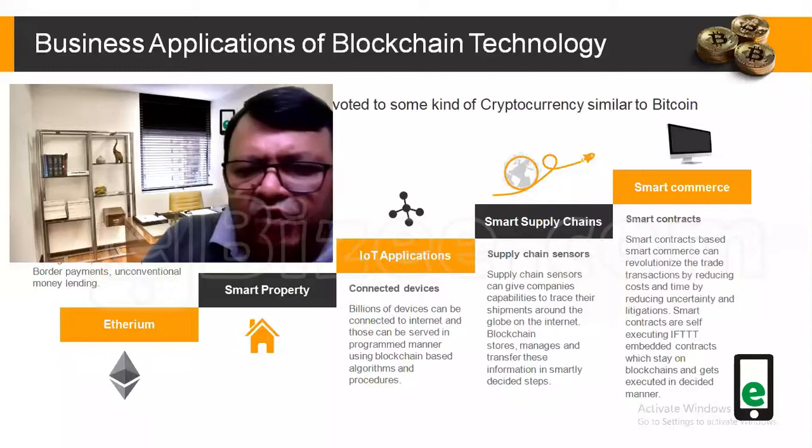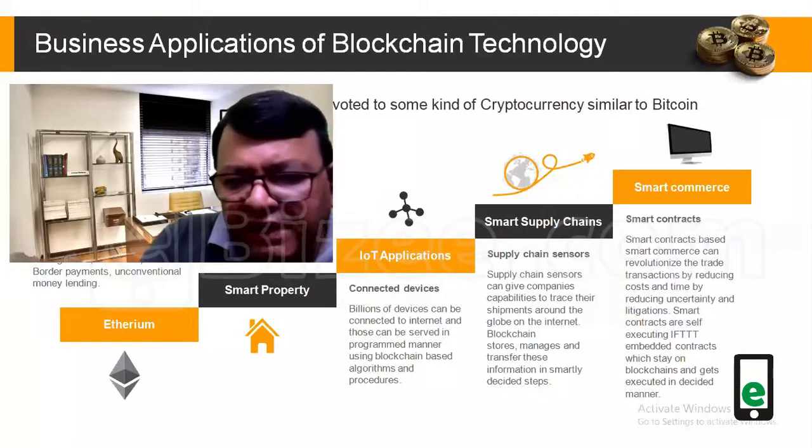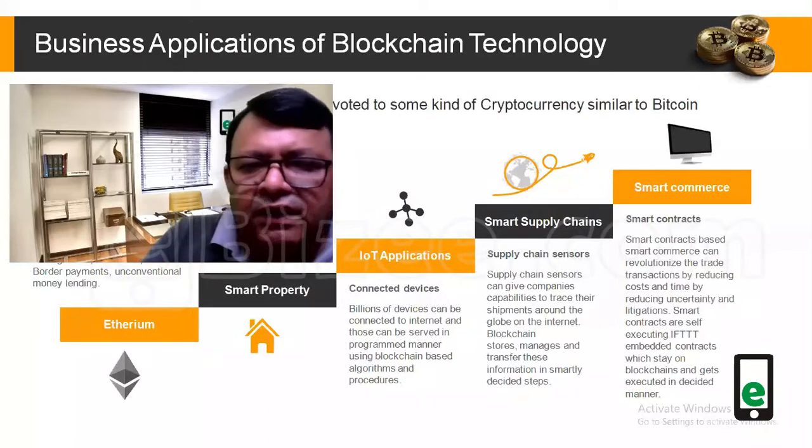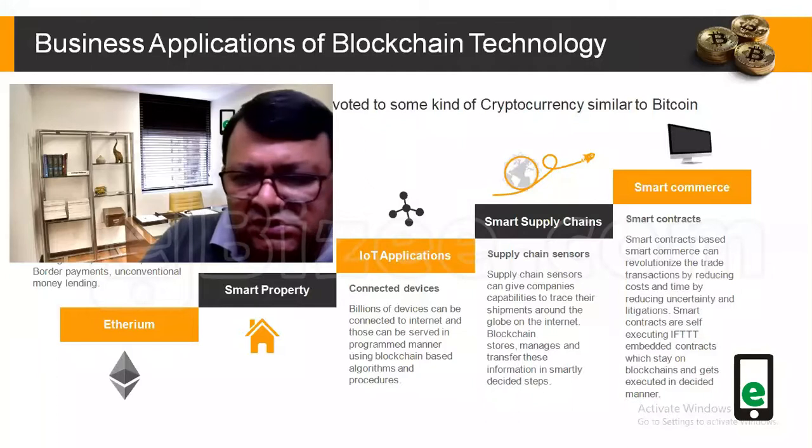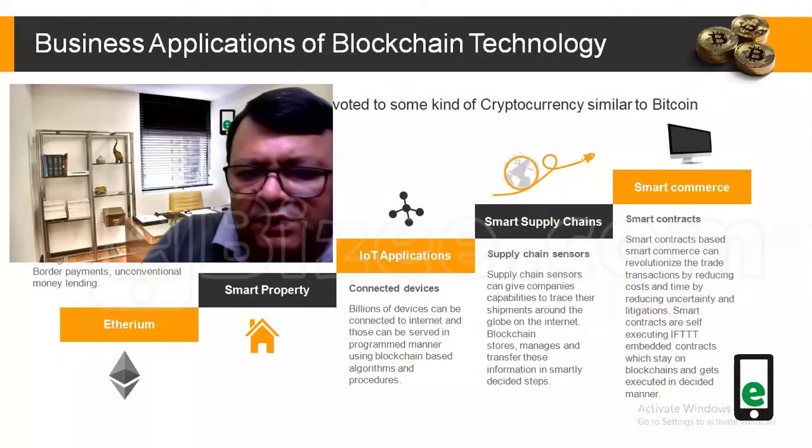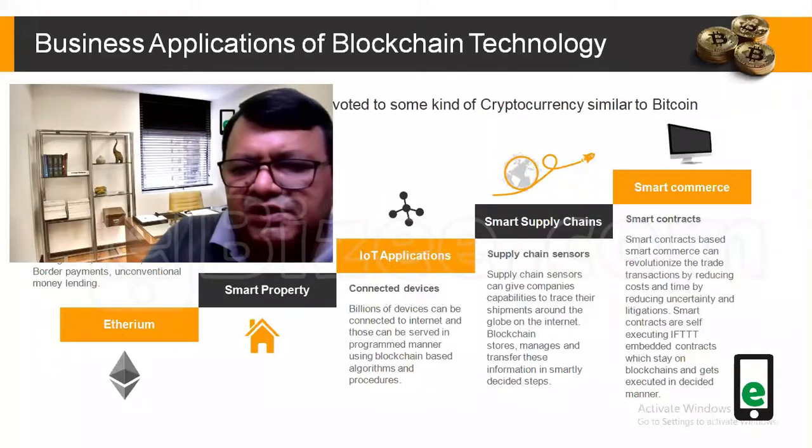So it is possible for companies to use, store, manage, and transfer this data through tamper-proof blockchains. They can be absolutely sure that the data which they are receiving is real data without any manipulation or tampering on the way.